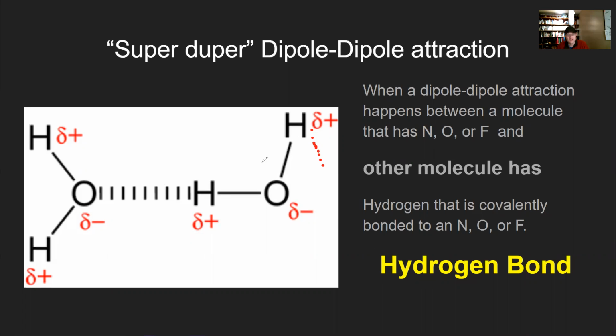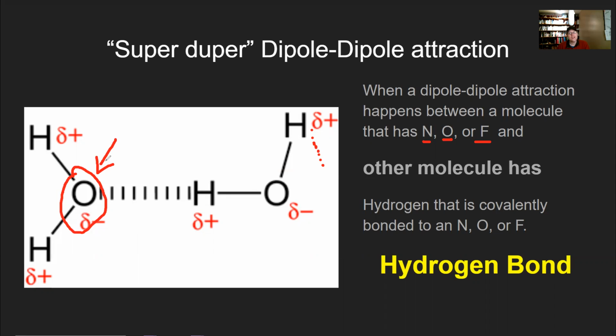So let's take a look at the definition of what that means. Here you will notice on the water molecule on the left that you have an oxygen. Oxygen, nitrogen, and fluorine are the three most electronegative elements on the periodic table.